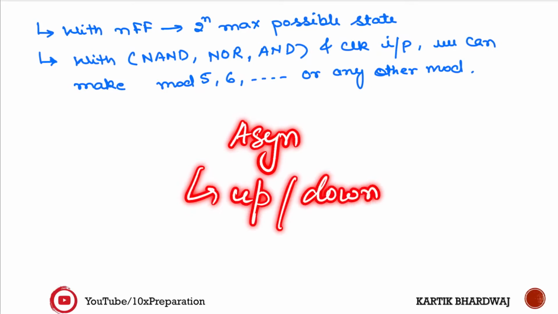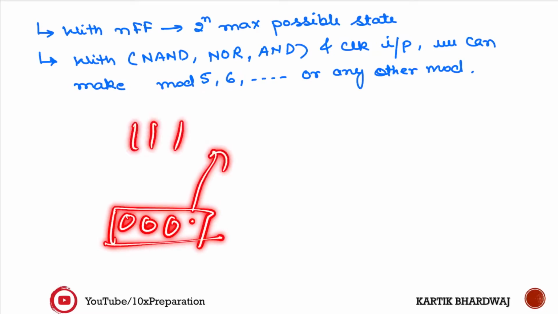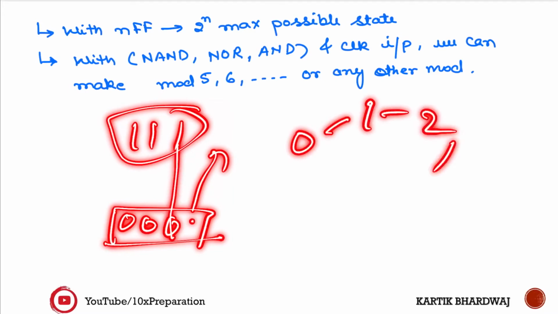Suppose a 3-bit up counter is there. It will go from 0 to 1 to 7, that is 0, 1, 2, 3, 4, 5, 6, 7. This is the up counter.